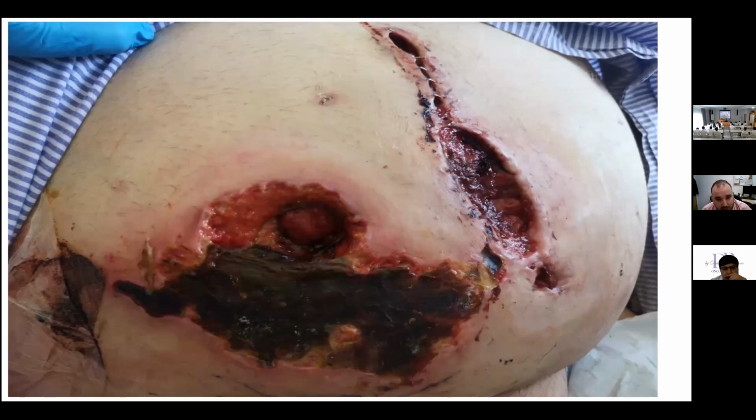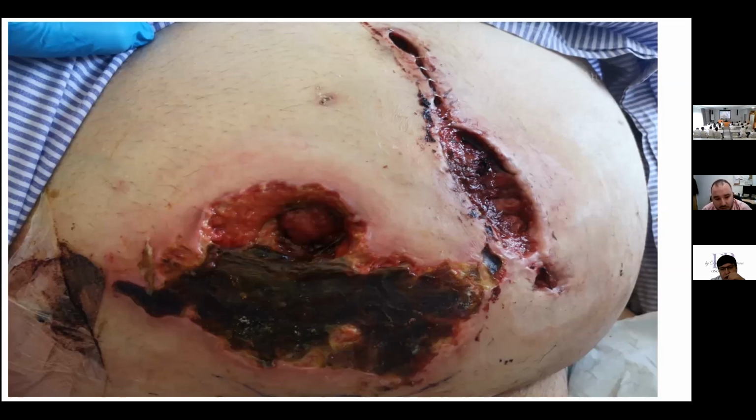Unfortunately for him, he had a leak, most likely a technical issue with the anastomosis, and that's why he underwent a relook laparotomy, during which we found a small defect in the anastomosis, and we gave him an end stoma. Very unluckily, he had bleeding from one of his inferior epigastric arteries, which was stopped with embolization in our interventional radiology department.